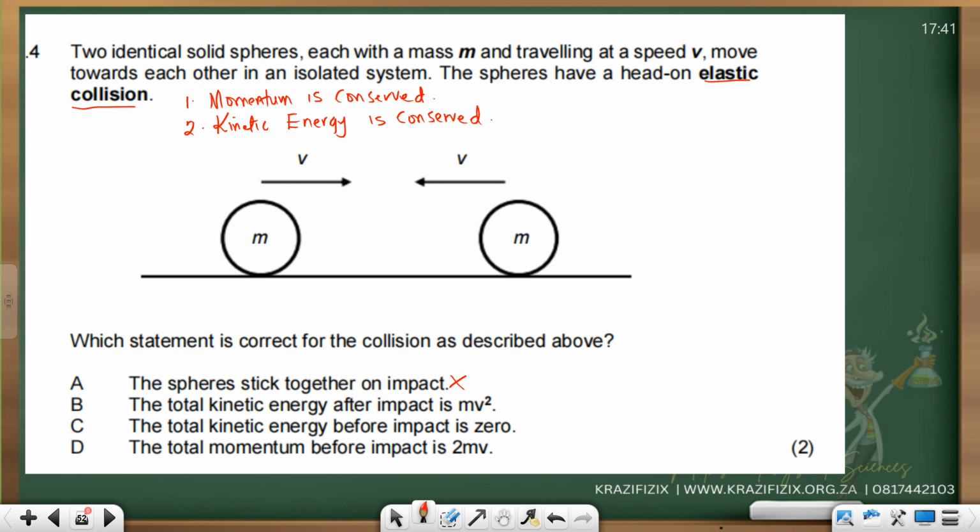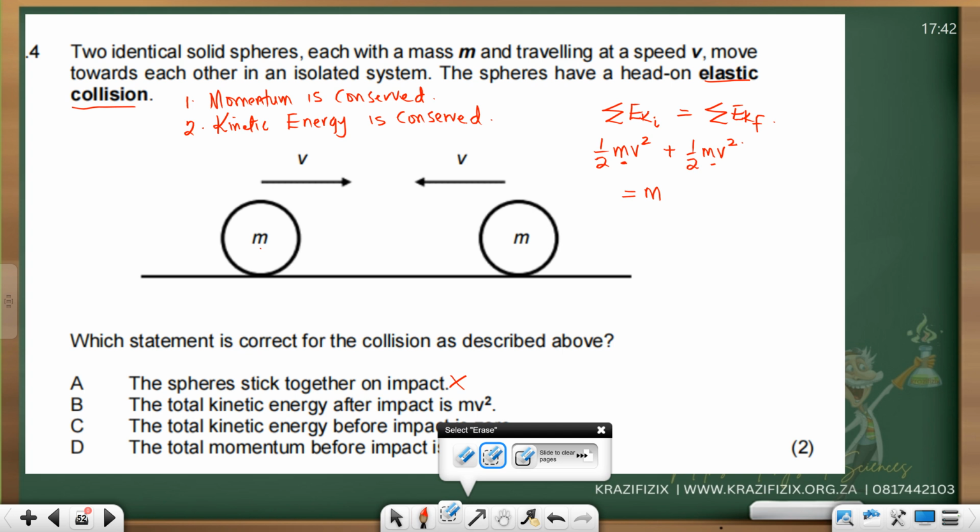Because it is elastic, the sum of EK before is the same, and it will be half mv squared plus half. Oh, it's actually correct. Half plus half is 1, because they both have mass m. The first one is mass m, the second one is also mass m. Let me slow down, I think I've gotten my answer.